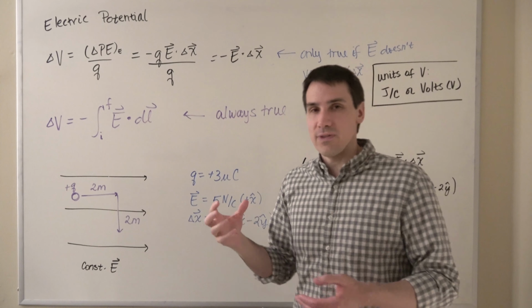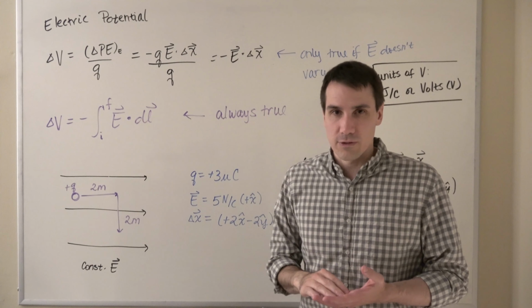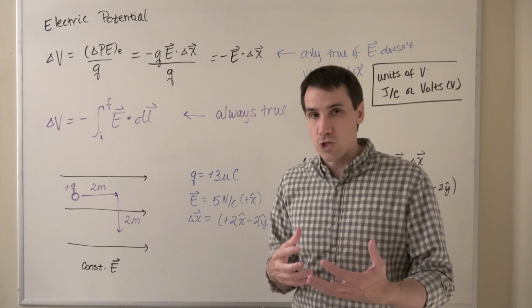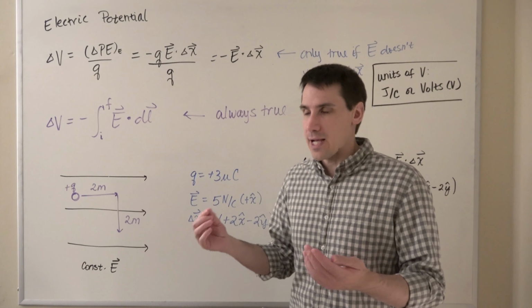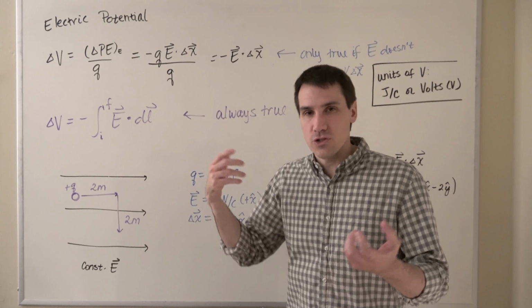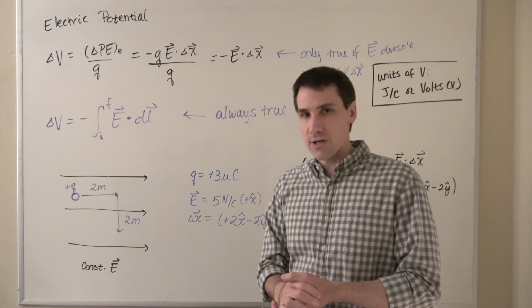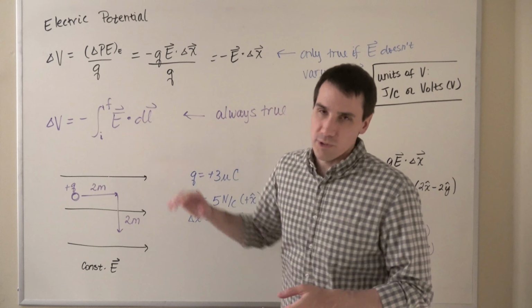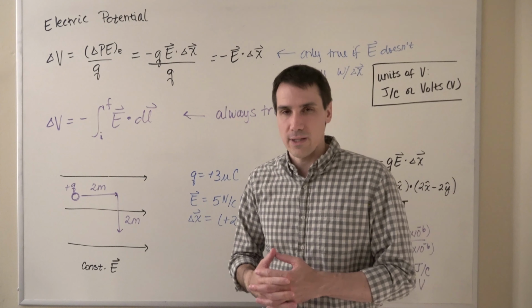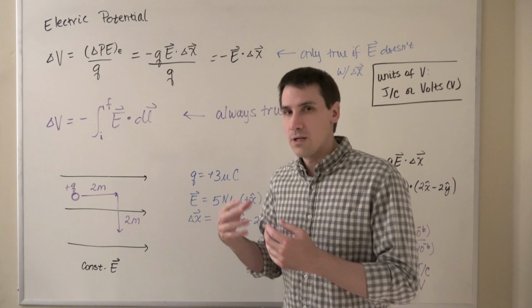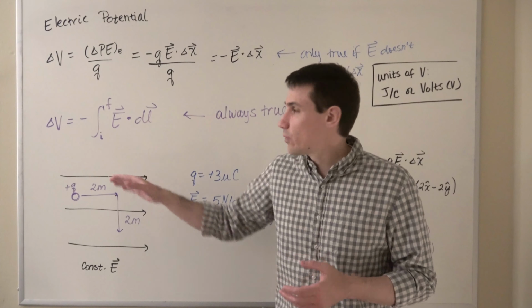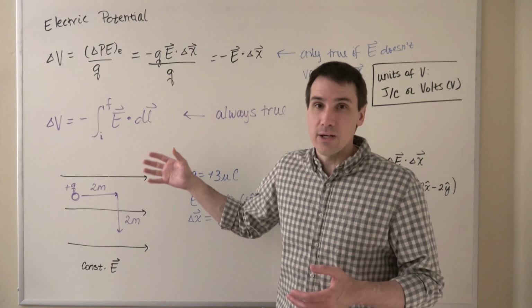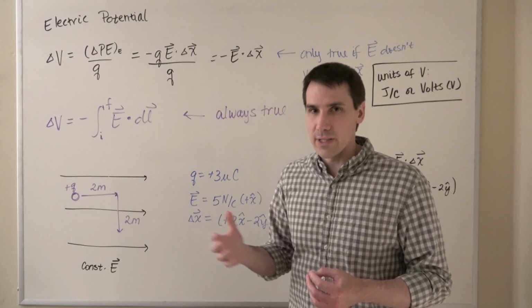This is valid if the strength or direction of the electric field changes as you change position. So for example, a point charge. As I move around the point charge, the strength and direction of the electric field varies. This would be an appropriate equation if we wanted to calculate the change in electric potential for a point charge. We will not deal with this equation anymore in this video. We'll deal with that in another video.